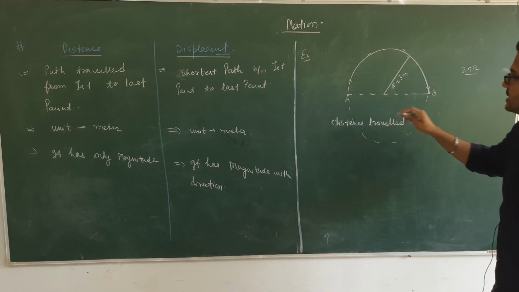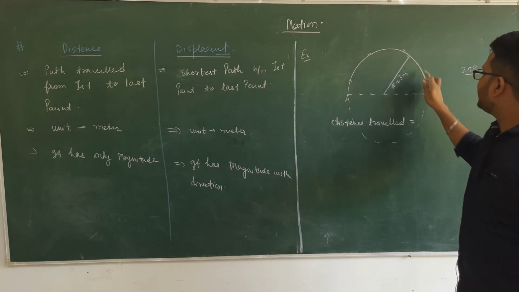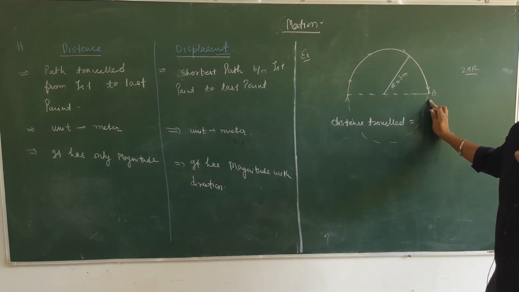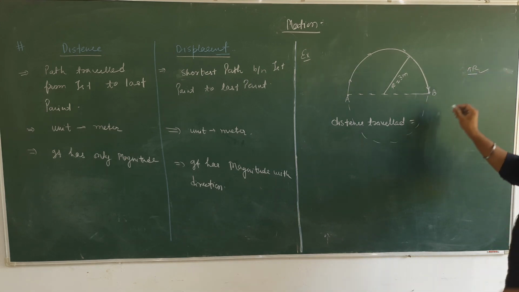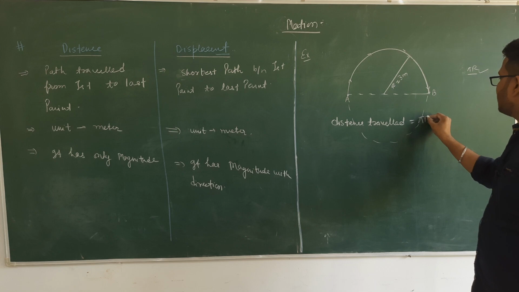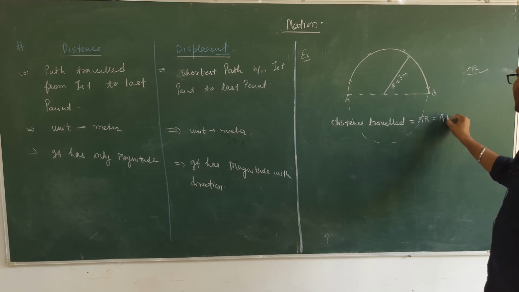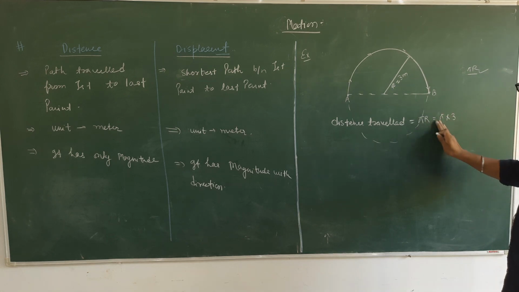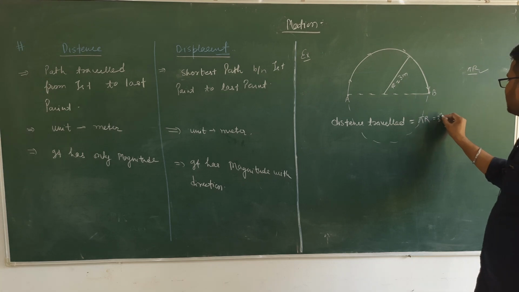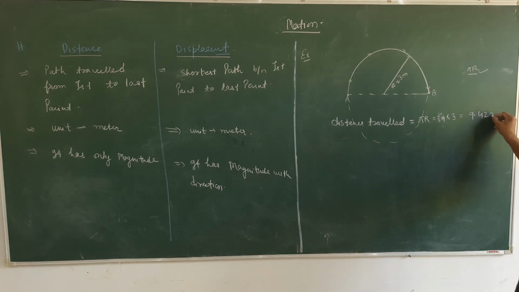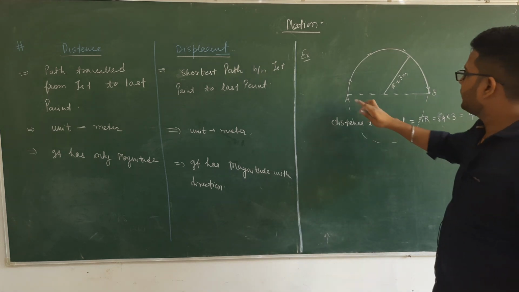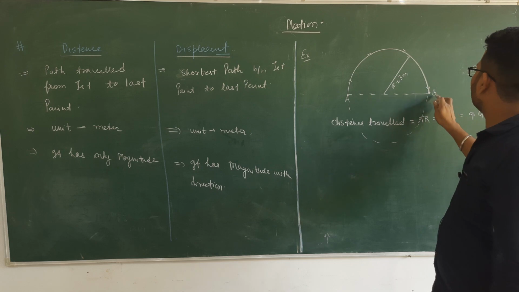What we traveled from point A to B is half of it, so the length will be pi r. So distance traveled is pi r. Putting r as 3 meter and the value of pi as 3.14, we get 9.42 meter. This is the distance we have traveled from point A to B.